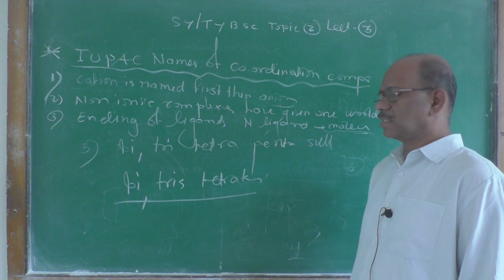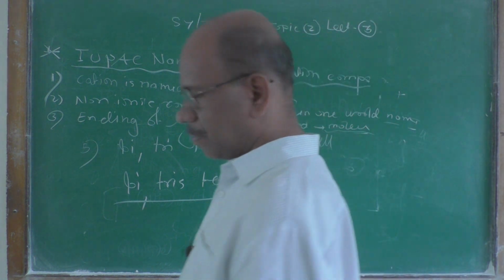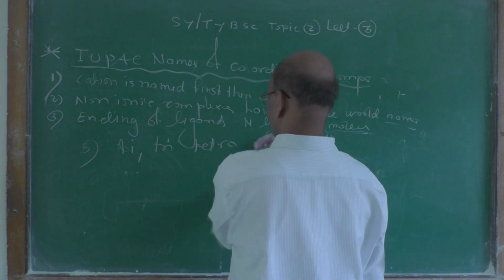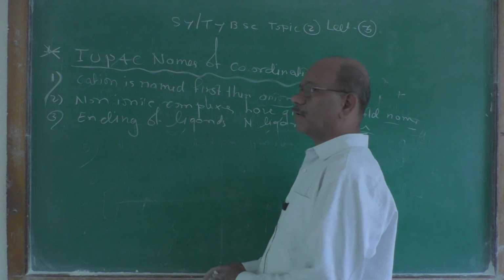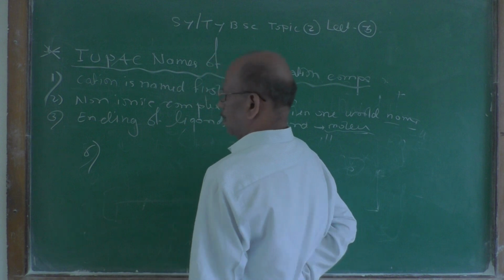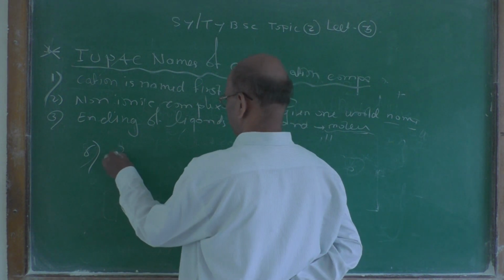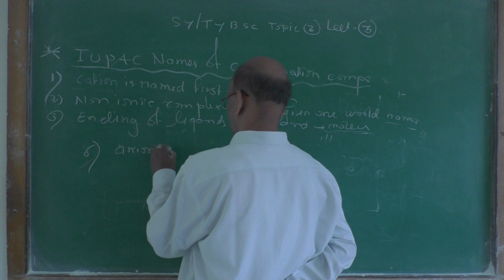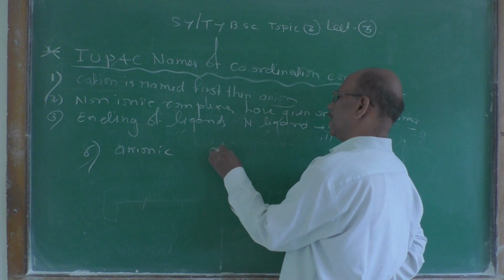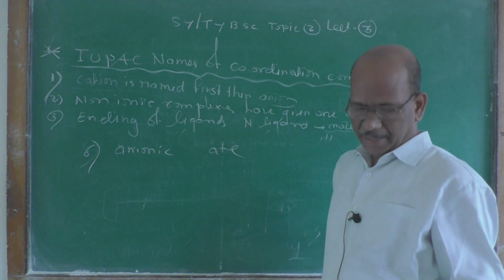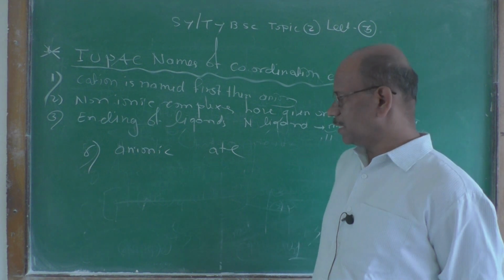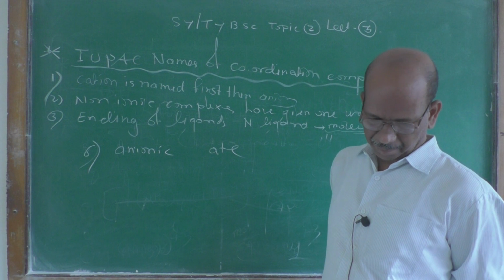Now rule number 6 is that there are 3 types of complexes: cationic complex, anionic complex, and neutral complex. So rule number 6 is that for anionic complex, the suffix ate is added. The ending for anionic complex is ate.